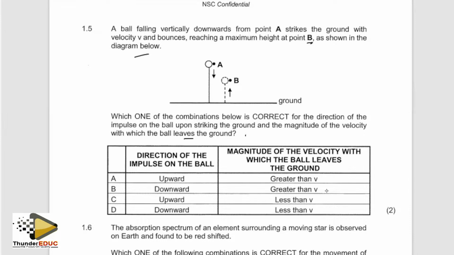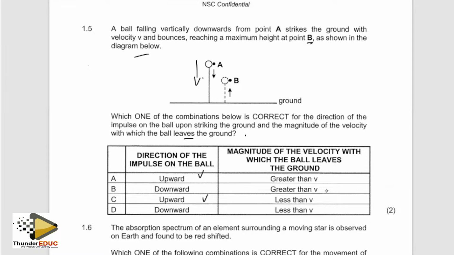One thing we need to know is that since this ball is striking the ground, the direction of the impulse needs to be upwards, because remember I said impulse is the same as the change in momentum. So if it is upwards, then we're looking at option A and option C.